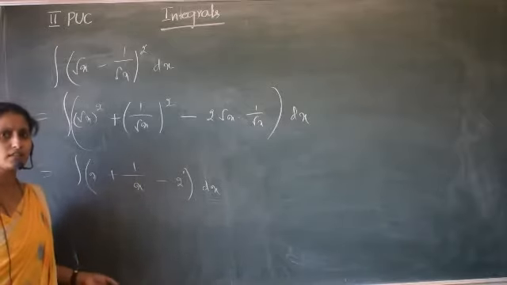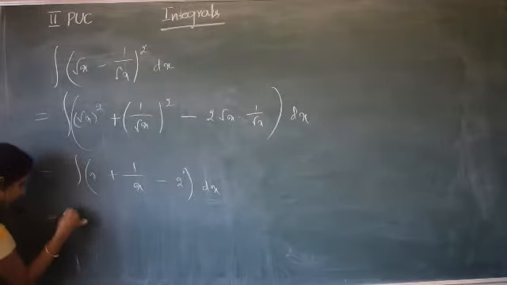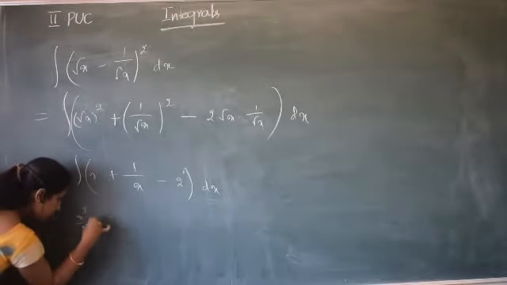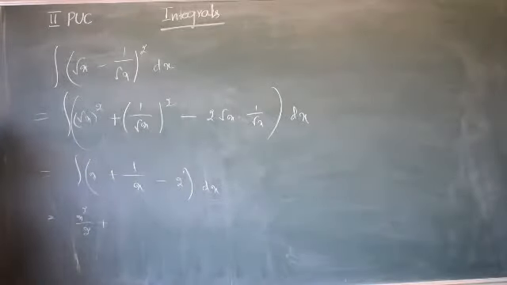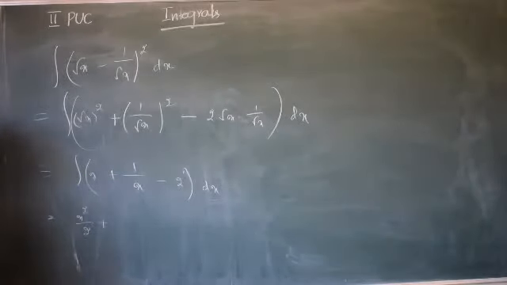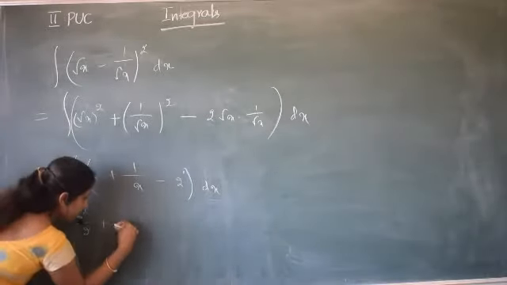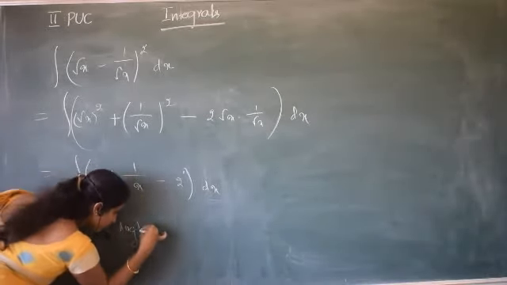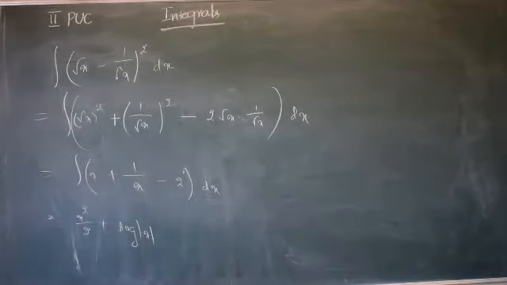Directly if you know the answer you can write. So what is the integral of x? x square by 2, because x power n is x to the power n plus 1 divided by n plus 1. And 1 by x is log mod x.